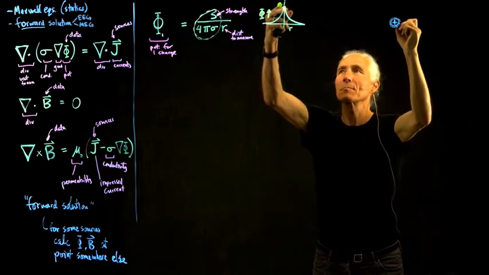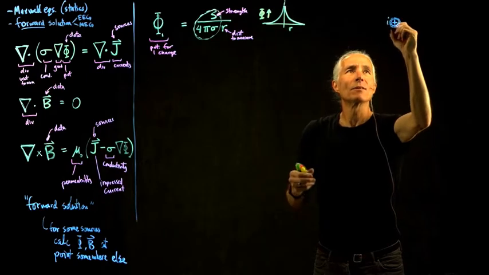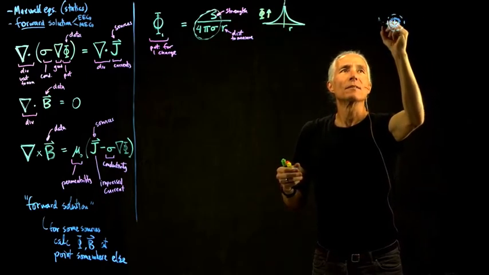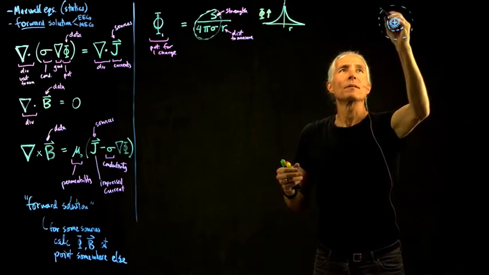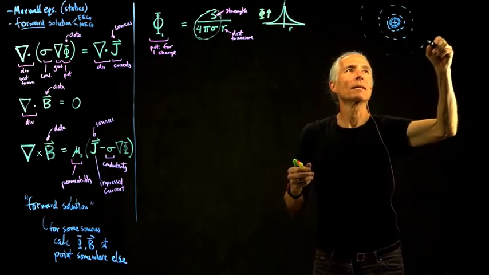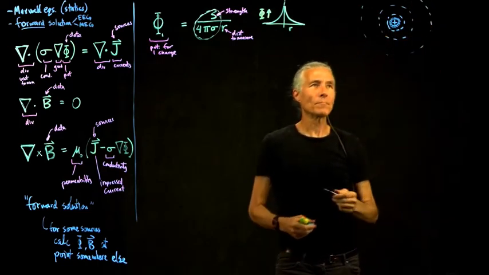And then as you go a little further away from the charge, the contour lines will get further and further apart, like that.